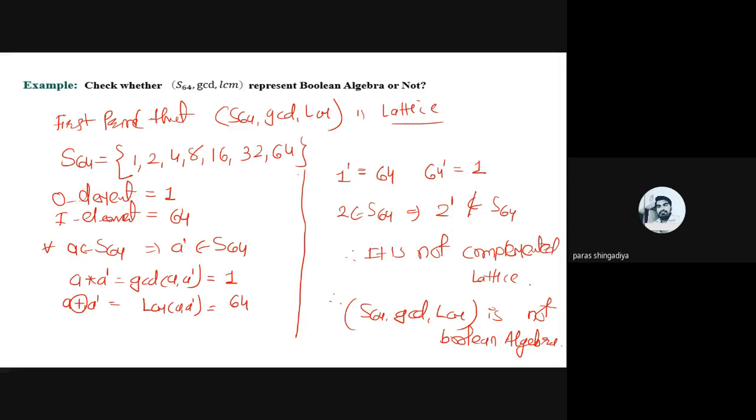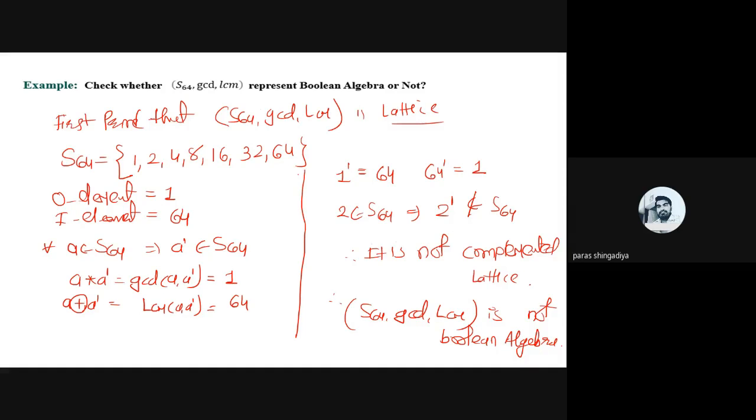Clear? So first check the marks for these questions, how many marks are mentioned for this particular question. If it is asked for 8 marks, then all this data is required to prove it. We can easily prove it is a lattice, we can easily prove it is complemented, we can easily prove it is distributive. So in 8 mark questions, all these conditions are required.